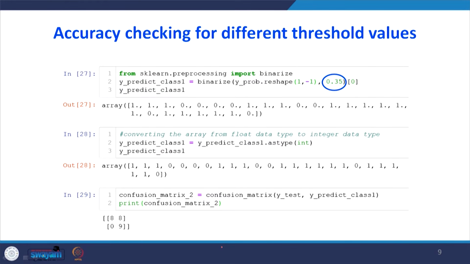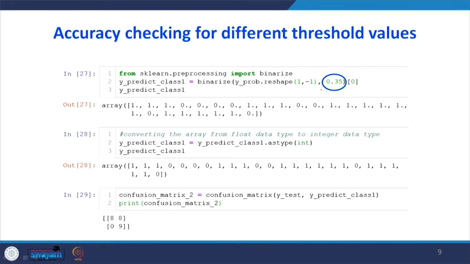At present we randomly choose some threshold value, 0.35. Let us compare by changing different threshold values and verify which threshold value is the right choice for us. For that, y_predict_class1 equal to binarize(y_probability.reshape(1,-1)) by taking 0.35.